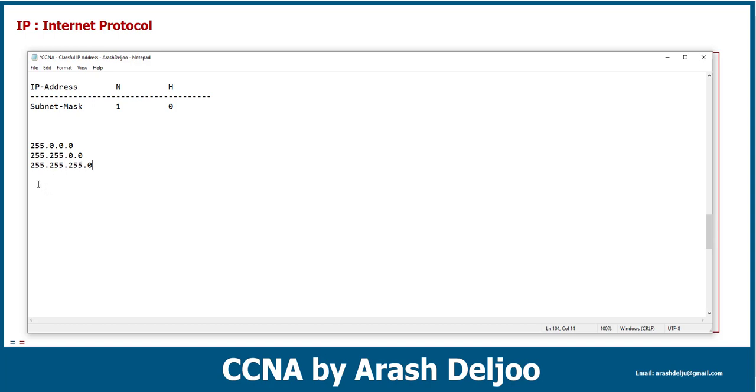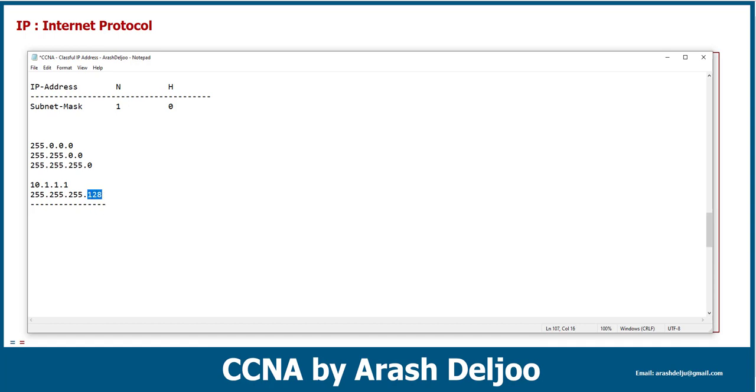Look at here. For example, we have one IP address 10.1.1.1, okay, and the subnet mask is 255.255.255.128. What does it mean? What is the meaning of the 128? It's so easy.